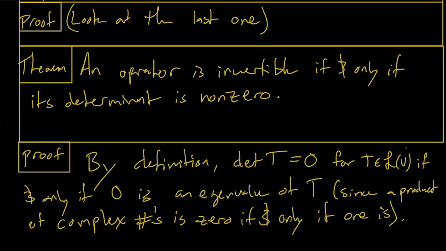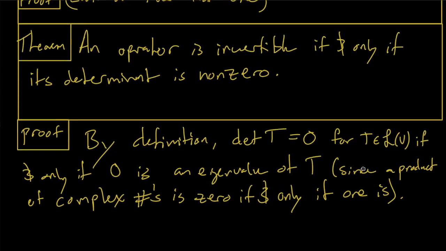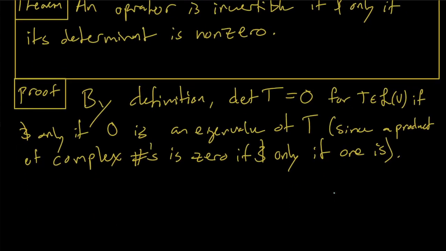And the determinant is just a product of complex numbers, its eigenvalues repeated according to their multiplicity, that is, repeated according to the dimension of their generalized eigenspace. All right, cool. So the determinant is 0 if and only if 0 is an eigenvalue of T.